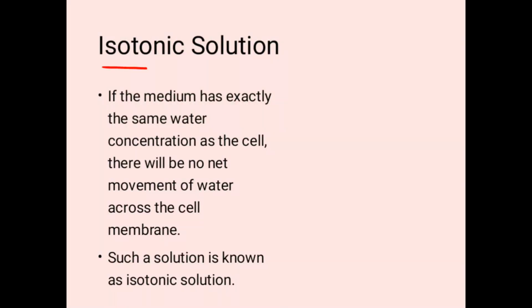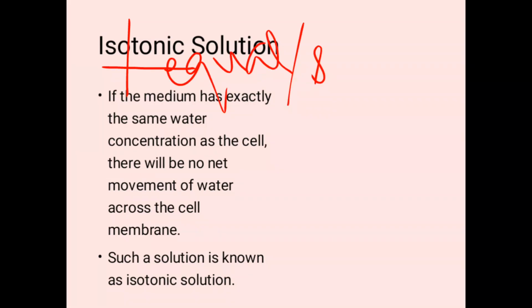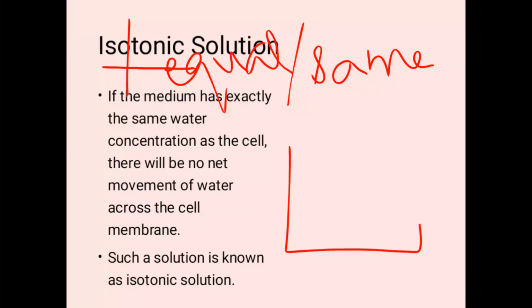Yes, the second one is isotonic. Isotonic refers to equal or same. So here inside the container the cell has an equal amount of water concentration. Outside the cell also the water concentration is equal.